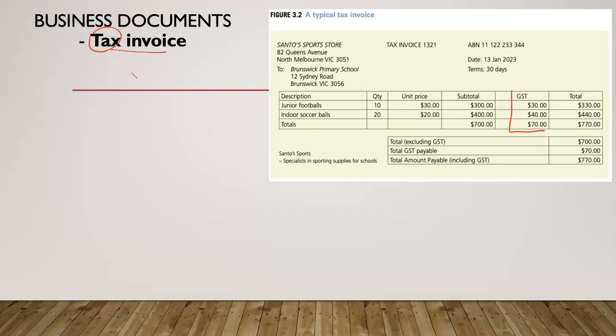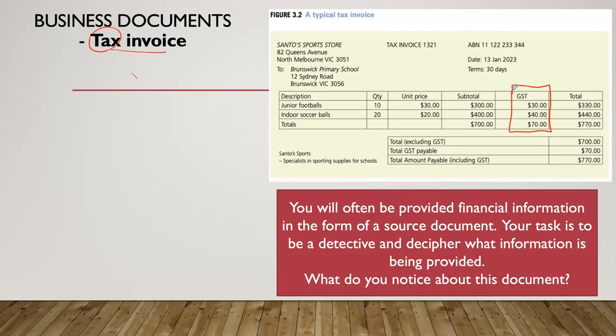You can see here, this is a tax invoice because GST is included. It is our evidence of whether we've paid or collected tax. Any of these tax invoices have some information that must be in there. And you'll often be provided this information in the form of a source document like I've just shown.